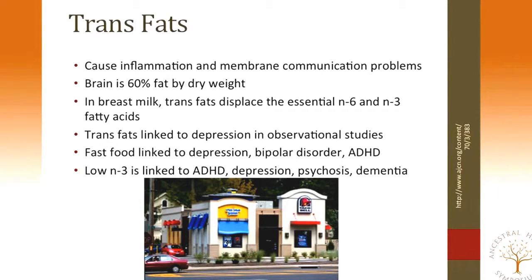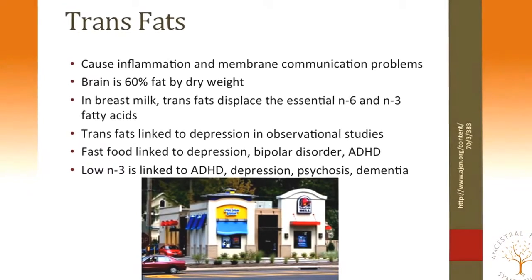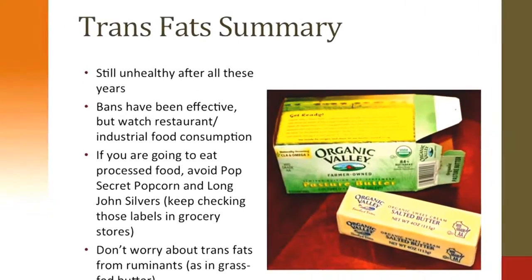Fast food is also linked to depression, bipolar disorder, and ADHD, except in Germany, where fast food is actually not linked to depression, but the opposite. And low omega-3 is linked to ADHD, depression, psychosis, and dementia. So the summary: we know they're unhealthy, they're still unhealthy.